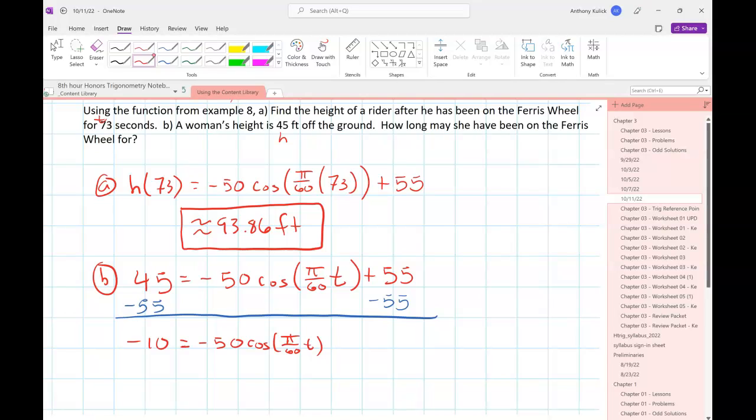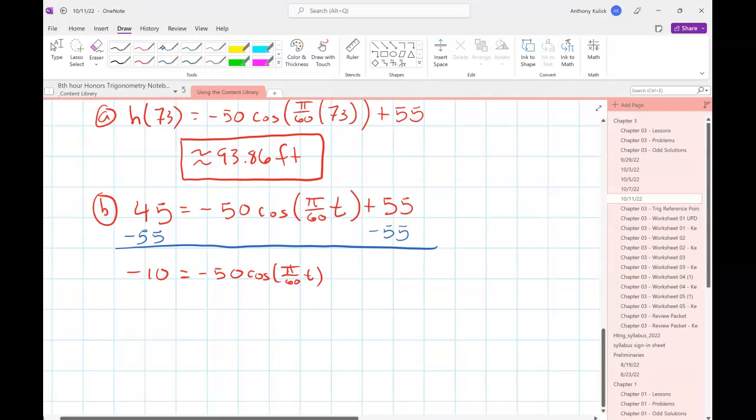Okay, what's next? Anybody? What should I do next? Solving for t. Divide by negative 50. That's good.